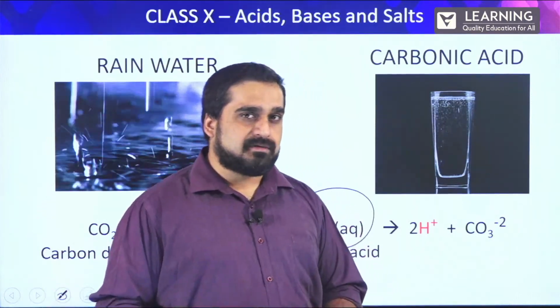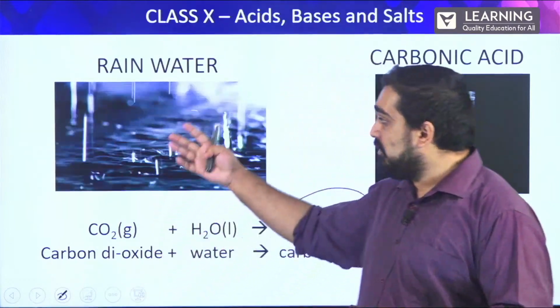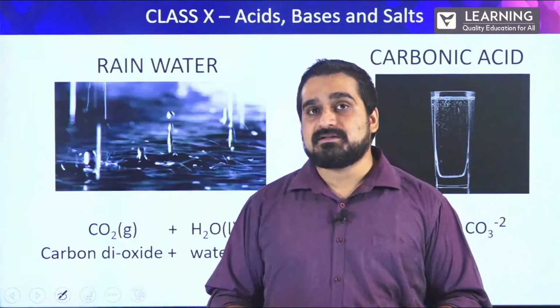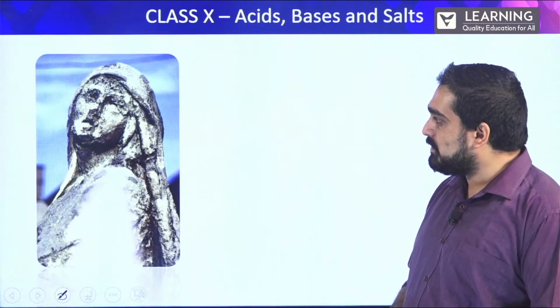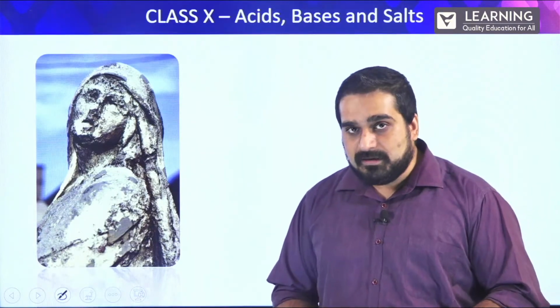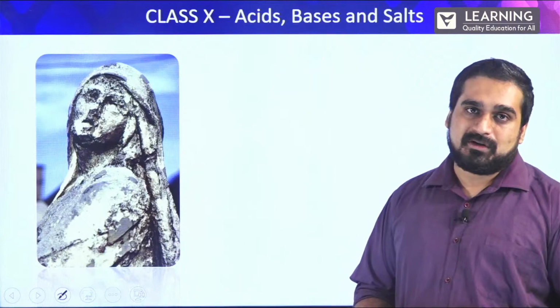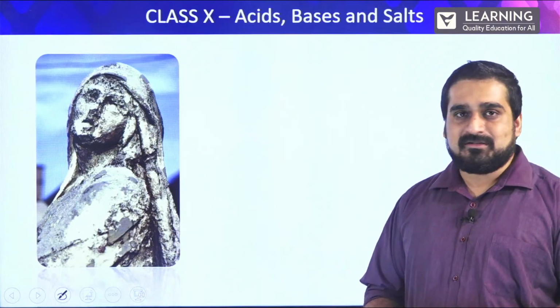Now what happens when carbonic acid, or this rainwater, which is actually carbonic acid, falls on buildings? So let us look at statues and buildings. Here's a picture of one statue where it has been corroded due to the rainwater, which is slightly acidic. You still don't trust me?